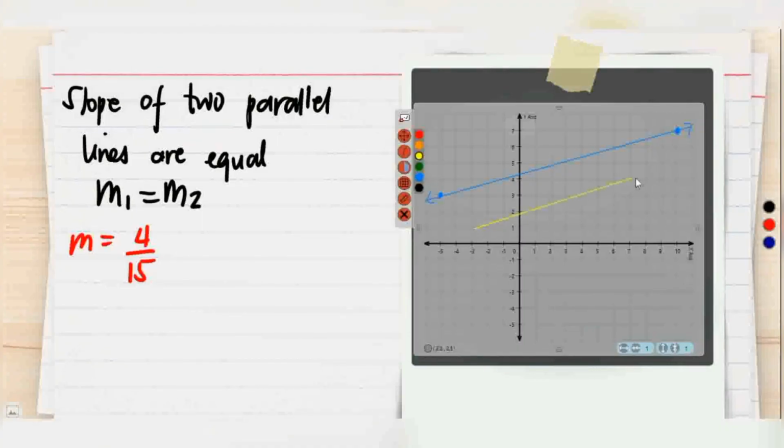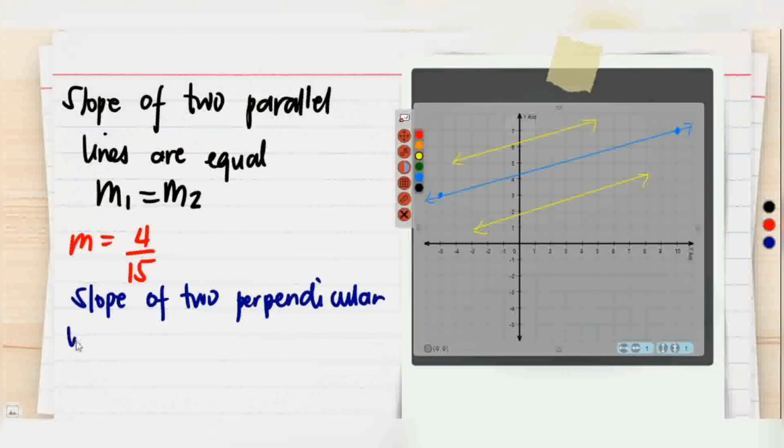So, kung may line tayo dito, and line dito, so, ang slope nila is equivalent lang din sa 4/15. And then, the slope of two perpendicular lines naman is equivalent to m sub 1 is equal to negative reciprocal of the slope of the other.